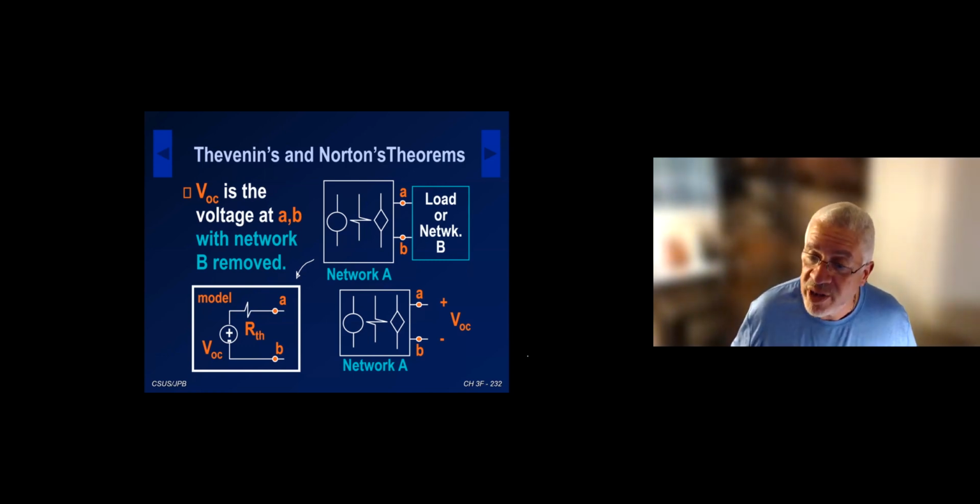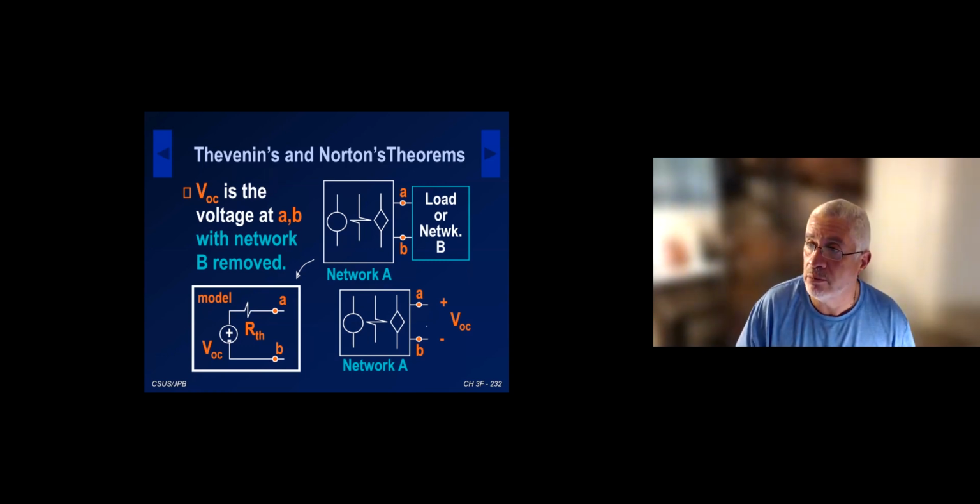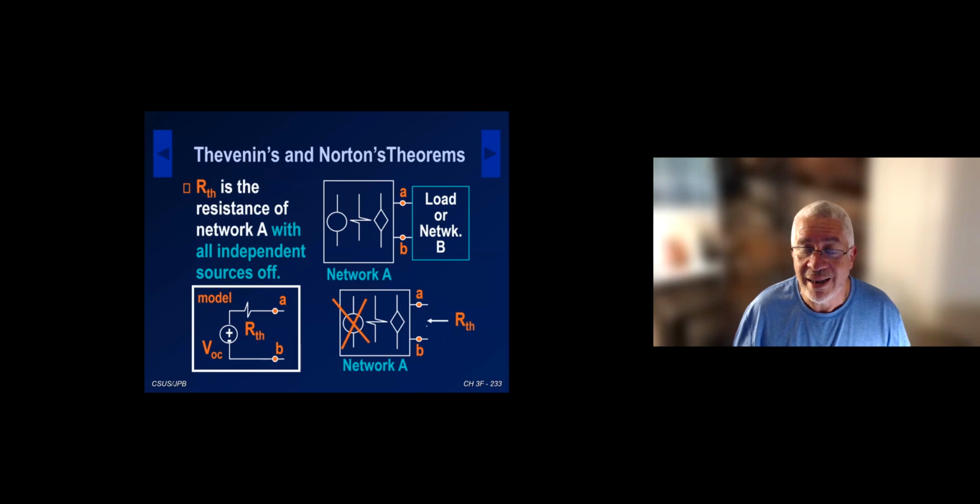So VOC is the open circuit voltage across terminals A and B with no load being present, for essentially just the circuit being modeled. Okay, that's what VOC is. All right. Of course, we're going to do several examples for you to see how that plays out. The Thevenin resistance is the equivalent resistance looking in.